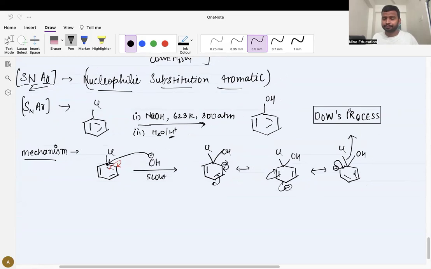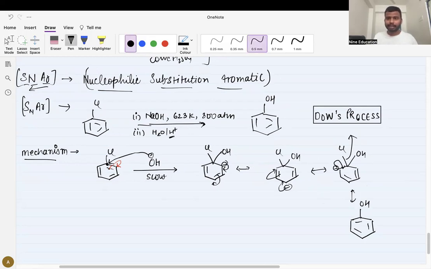See beta, between OH and chlorine, chlorine is a better leaving group than OH. So from here you will get chlorine removed, double bonds are made again. Benzene will try to regain its aromaticity.